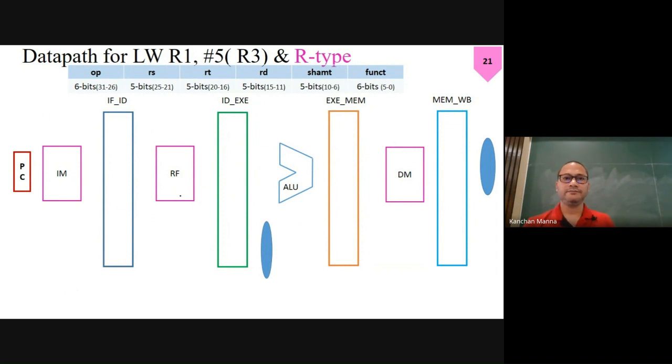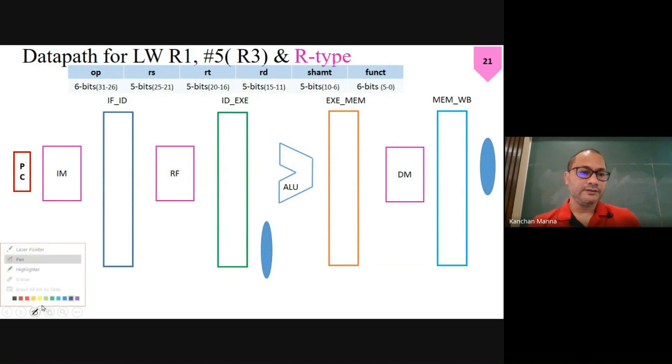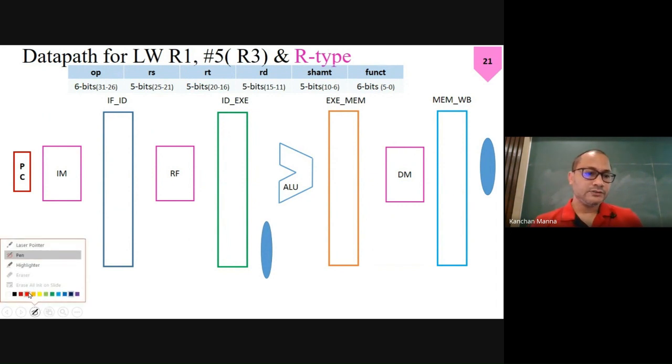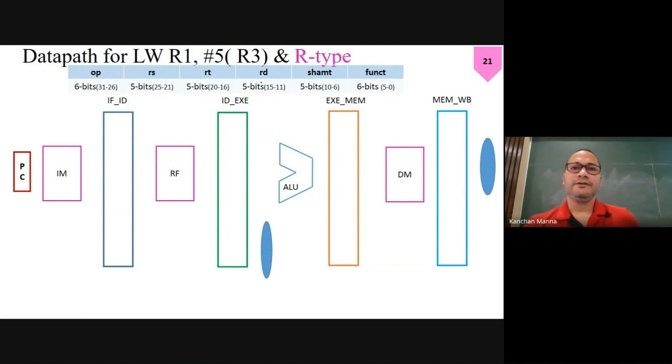If you remember, if it is R type, then RD would be the destination, right? Now if it is LW, then RT would be the destination, and both of them want to write into the register file.